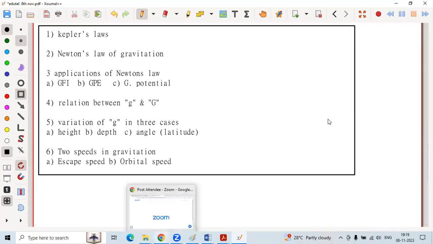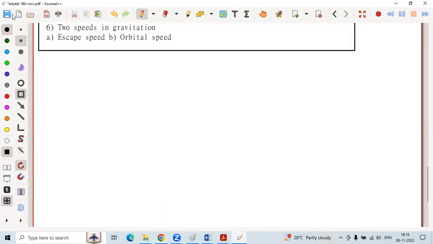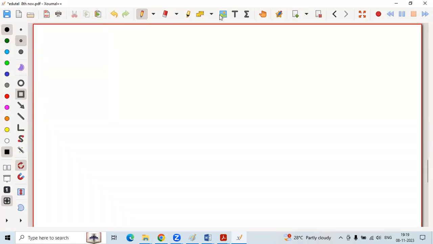What is the meaning of Kepler's laws and what is the need of Kepler's laws? How many laws do we have? Kepler suggested 3 laws.